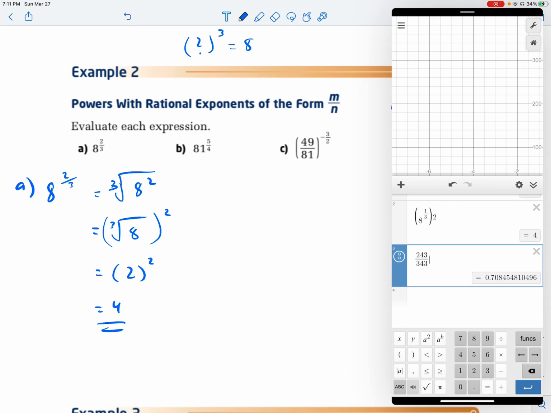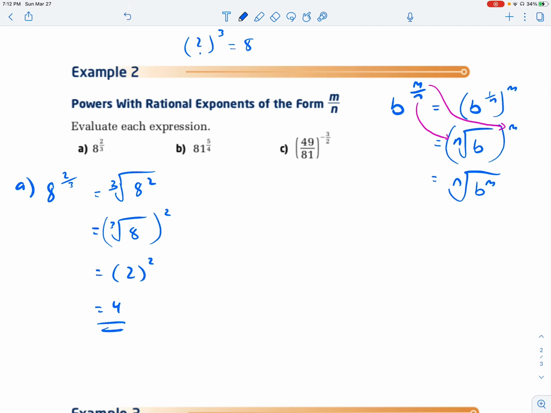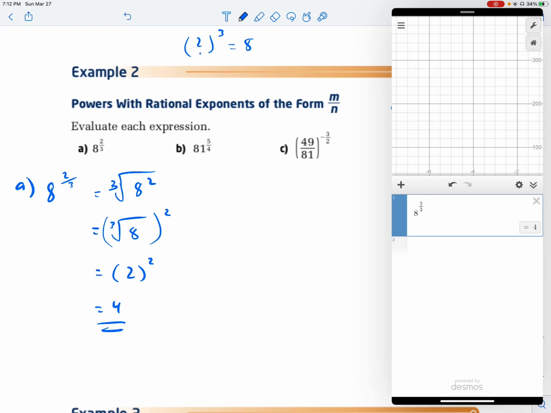Let's do a quick check. 8 raised to the exponent 2 over 3 is 4. So you can see that it all worked out. I believe this is how you're going to have to do all the questions on your calculator.